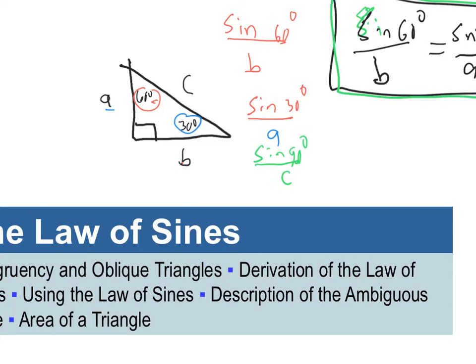But if you had one side, you're good to go because if you had side B, then you know the cosine of 30 degrees would be the adjacent, which I already know, over the hypotenuse, which I don't know. But if you already know this side, you already know what the cosine of 30 is, square root of 3 over 2. So we're good to go.